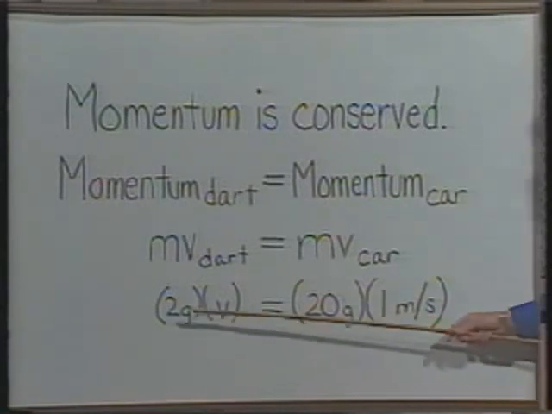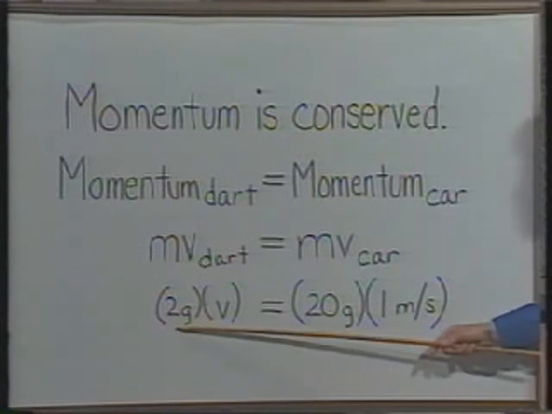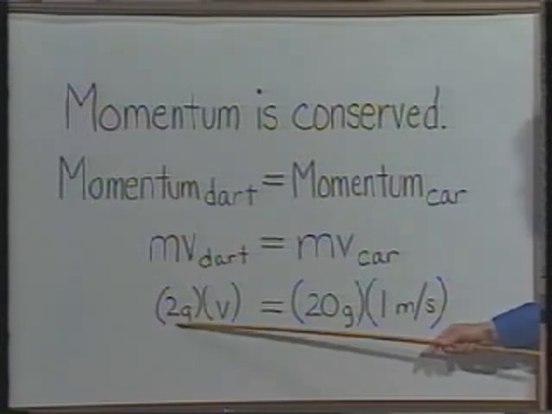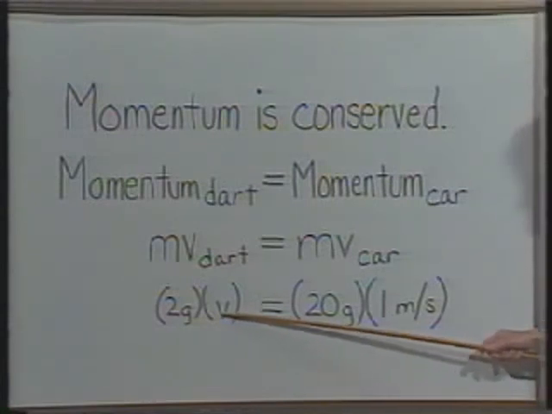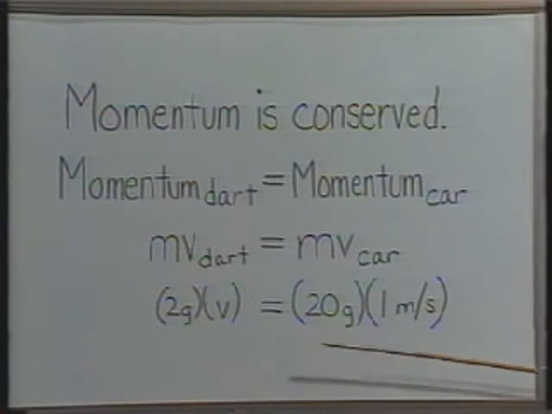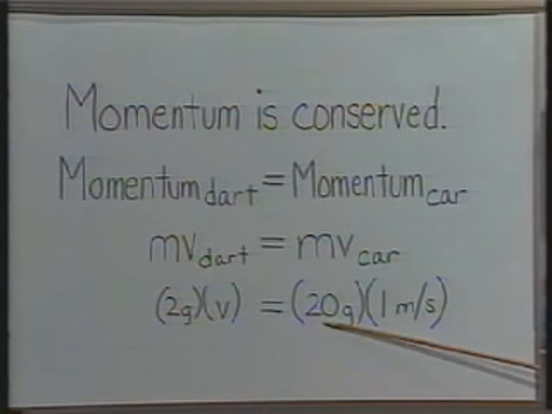In advance, I took the mass of the dart and the car, and I found that the mass of this dart is 2 grams. It's really quite small. We don't know the velocity of the dart. Remember, it is going very fast and would be very difficult to time. The car was easy, though. We know that the car has a mass of 20 grams.